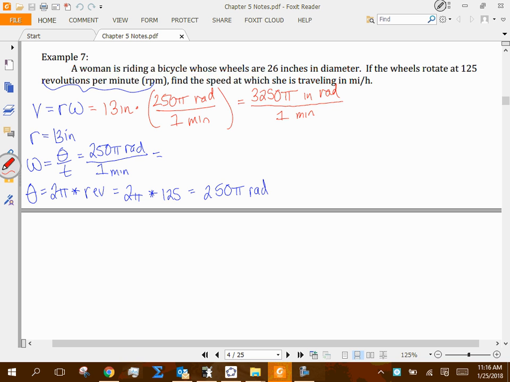When we're talking about a linear velocity or linear speed, the radians are not a unit that we want in there. We talked about several times how they're dimensionless. They're a length divided by a length, so they're really not a component to our units when we're talking about this speed. So now we've got that as a final answer.